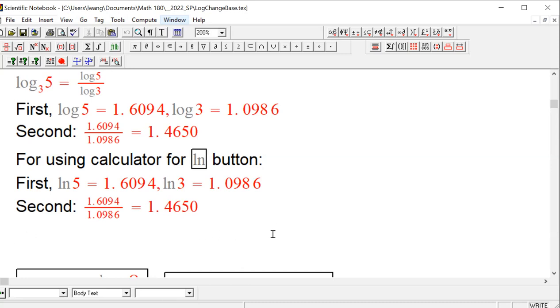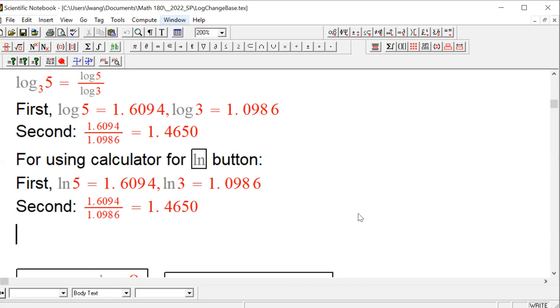This software I'm using at this point, actually, I have a little doubt whether they're correct. So use your calculator properly, because this software should have common log and natural log, but because they give the same result, I'm a little doubtful if the software is done correctly.